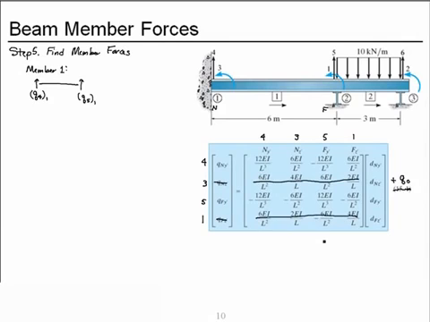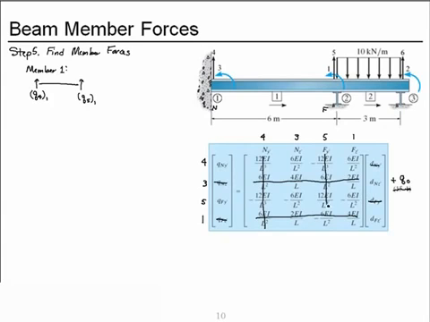You can also save a little bit of time by recognizing that the displacement at degree of freedom 4 is 0. So it doesn't matter what these coefficients are, they'll each be multiplied by this 0. Likewise, the displacement at degree of freedom 5 is 0.